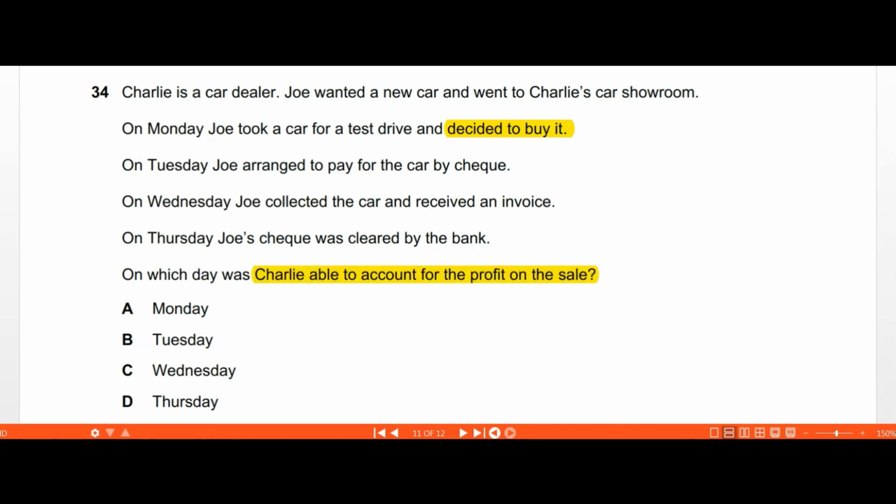Now this question is simply falling under the concept of realization, where we state that we can only record a profit once it has been realized, once the sale has been realized.